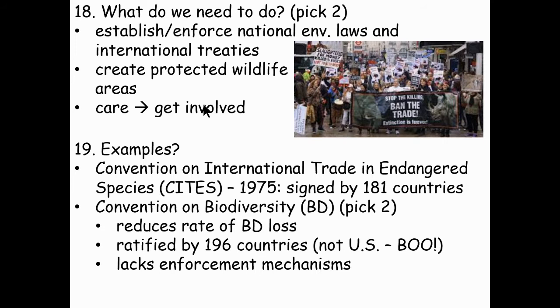One negative about the Convention on Biodiversity is that it lacks enforcement mechanisms, which means that a country can say, oh, yes, we'll ratify it. But if they're caught not doing what they say they're going to do, there are no penalties. And that is a big problem with a lot of the global environmental laws or agreements, is that there's no penalty if you don't do it. Oh, we're really struggling economically right now.